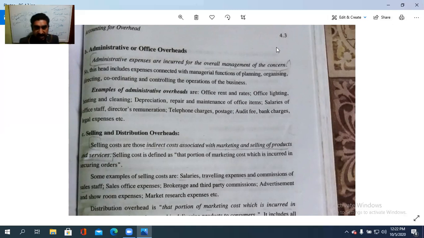Examples are office rent and rates, office lighting, heating and cleaning, depreciation, repair and maintenance of office items, salaries of office staff, directors' remuneration, telephone charges, postage, audit fee, bank charges, legal expenses, etc. That is the administration or office overheads.